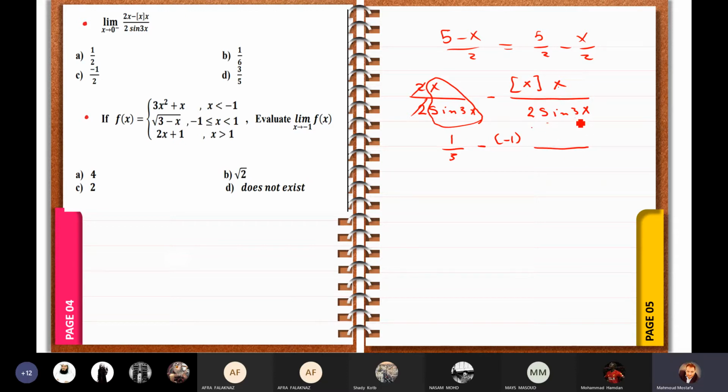Then x over 2 sine 3x: x over sine 3x is 1 over 3. So 1 over 3, negative, negative, positive. 1 over 2 multiplied by 3 is 6. Add, it equals 1 over 2. Okay? Okay or not? Yeah, okay, Mr.